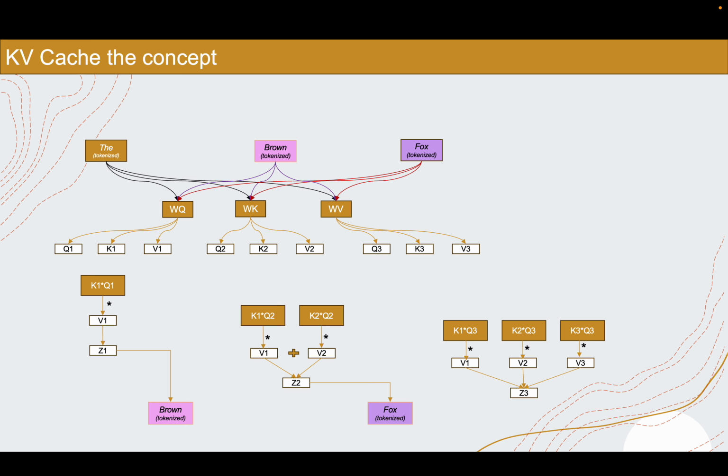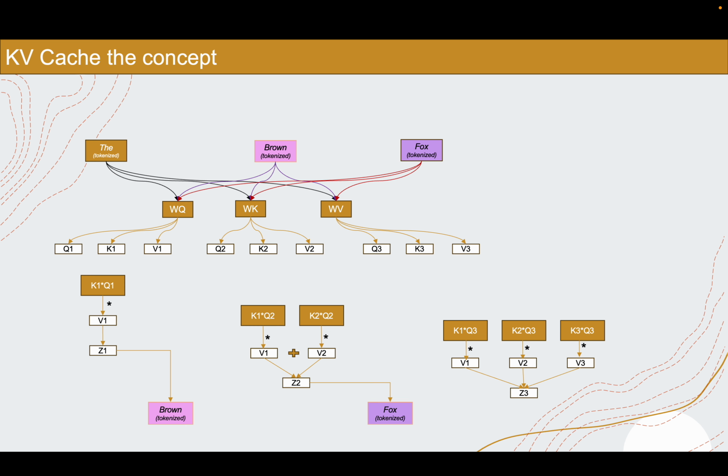When the language models are trained, these WQ, WK, WV matrices are learned as part of the training. Every token then leverages these to create the KQV matrix.